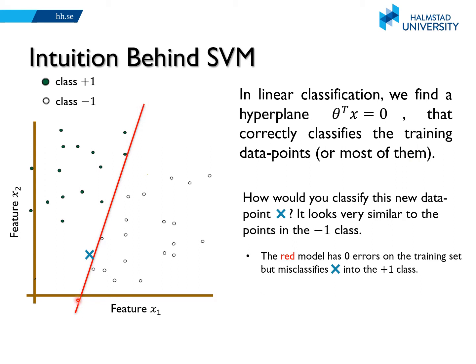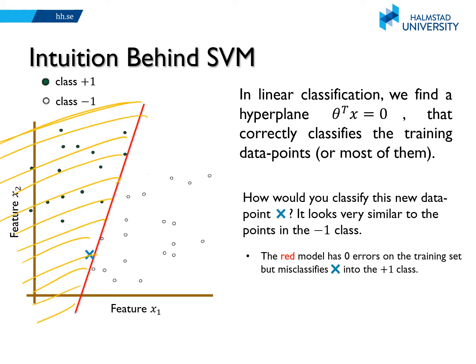But this classifier incorrectly classifies our new test data point into the +1 class. Right? The true label should be -1, but the predicted label is +1 because our new data point lies in this half space, on this side of the decision boundary.